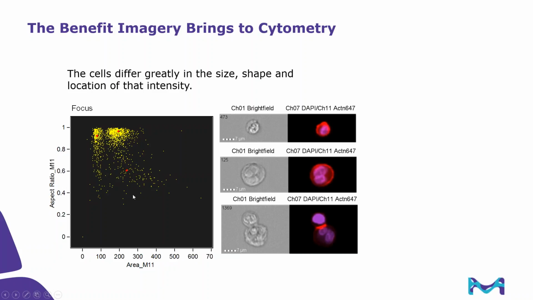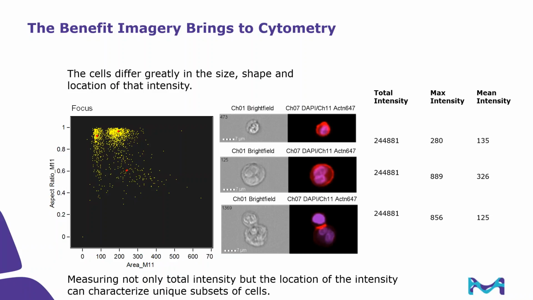So using computer algorithms and quantifying that morphology, we can add benefit to our flow experiments. Now, IDEAS also allows you to calculate different types of intensity. So here we can use max intensity or the mean intensity, and by looking at these features, we can actually quantify where this fluorescence is spatially located.